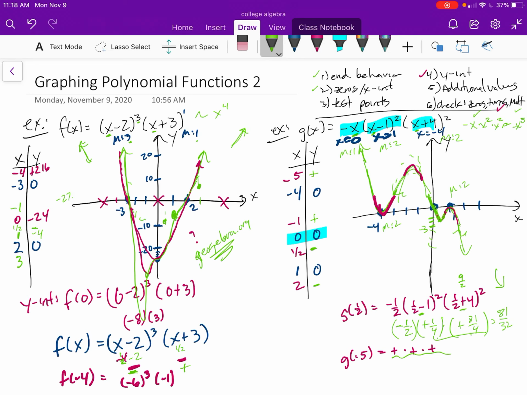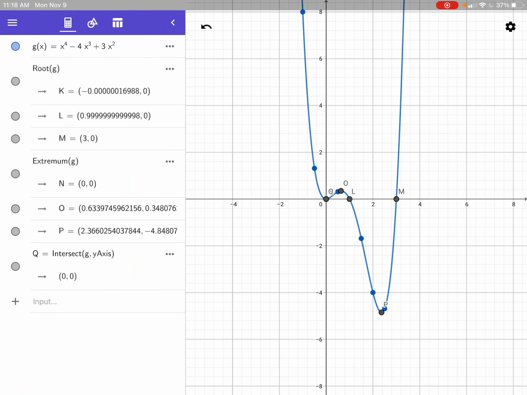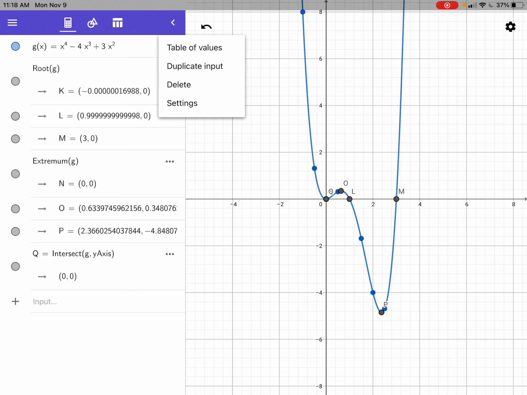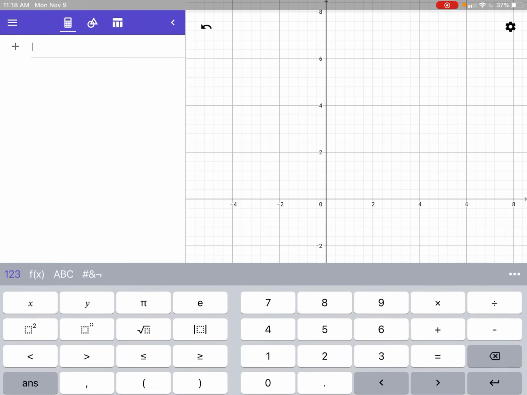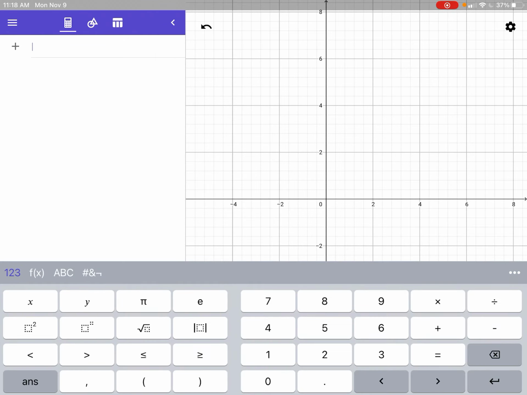So we'll go ahead and graph this one really quick in GeoGebra. Okay, I'm going to delete this old stuff here. All right. So that graph was y equals a negative x multiplied by, so parentheses, x minus 1 squared.